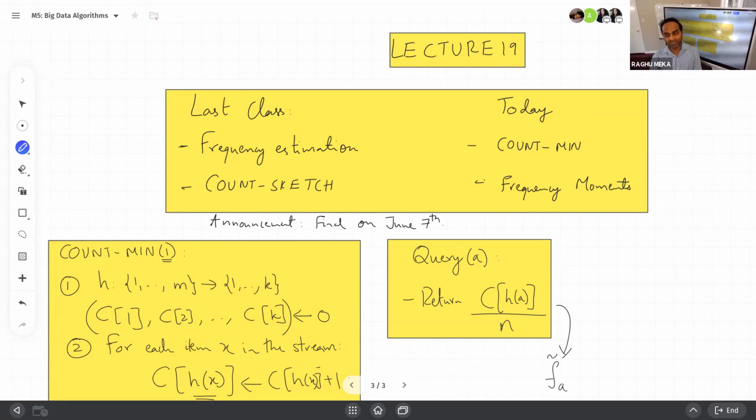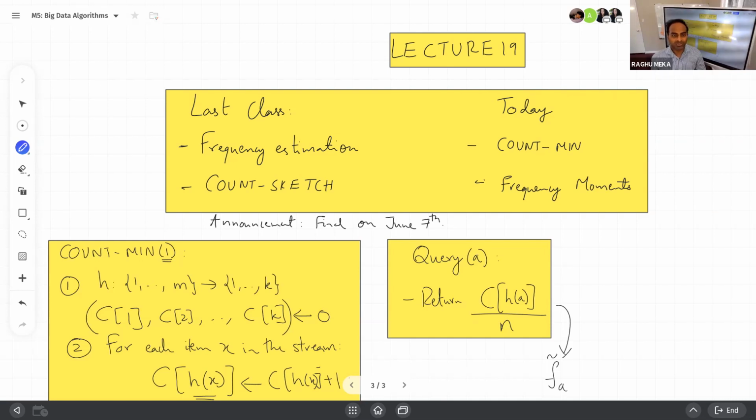We were okay with estimates, but we wanted to use less space. So we saw a deterministic algorithm, the Misra-Gries algorithm, which has some very nice guarantees. But then we wanted something broader, right? So we wanted the sketches, a linear sketch, which allowed us to combine statistics of streams.